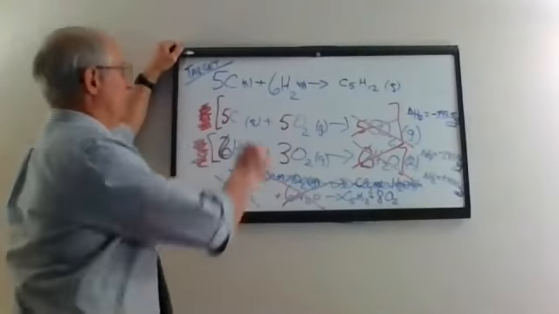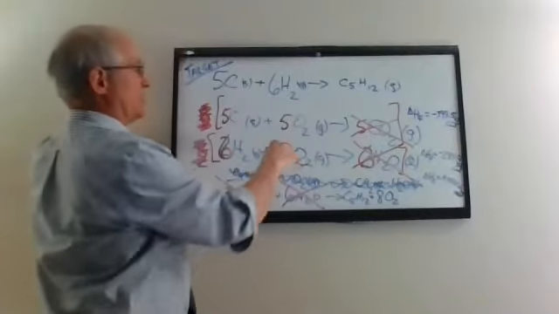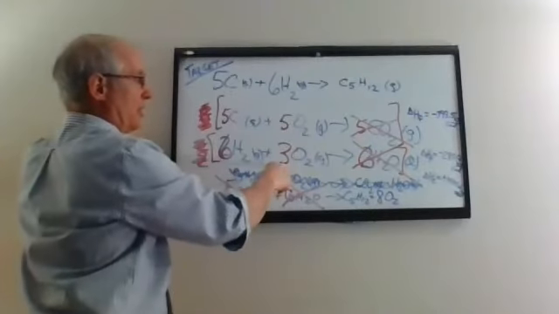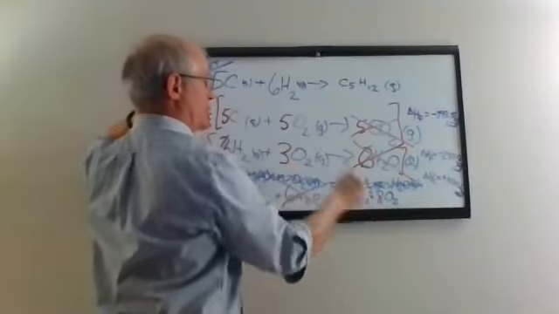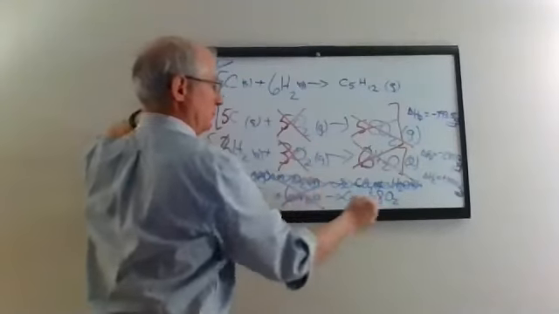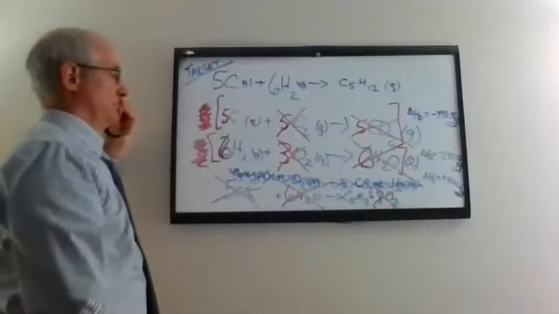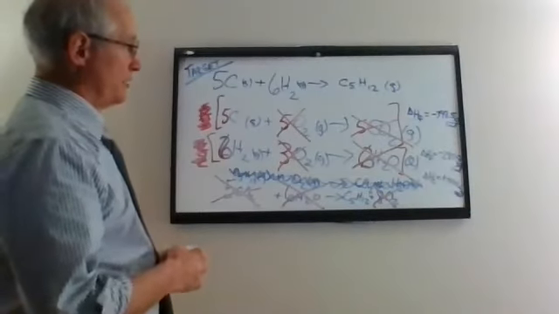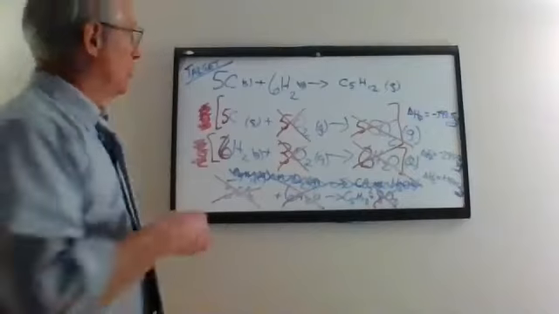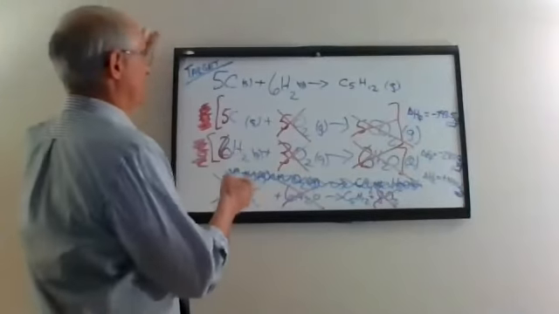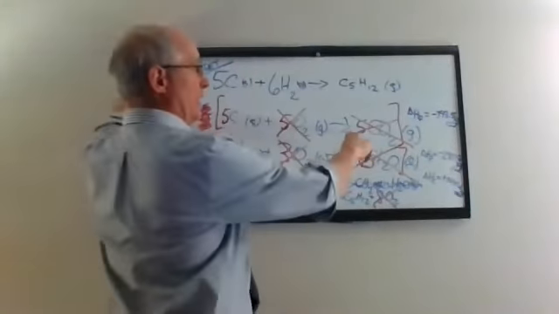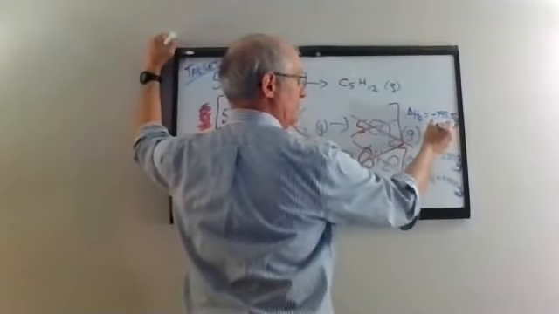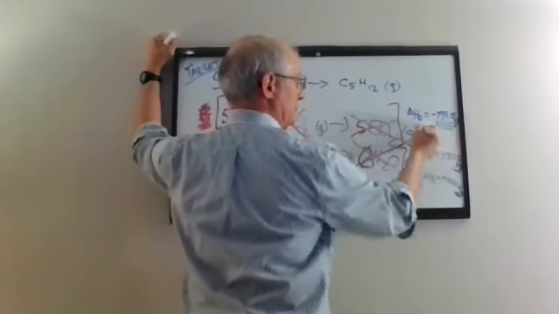Let's see. We want 5 carbons. Oh, we got oxygens to cross off. We got 5 oxygen molecules and 3 more moles of oxygen molecules, and 3 more makes 8. And we got 8 oxygens over here. We good? Now we've got ourselves the equation of interest. We've got 5 carbons. But before I do that, let me just tell you this. If I'm forming 5 moles of carbon dioxide, I need to multiply that thing times 5.